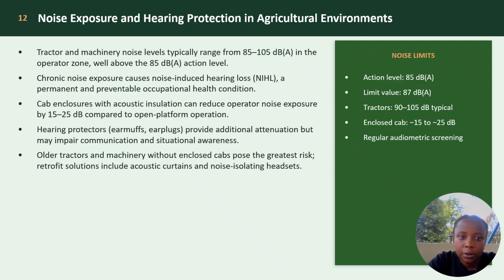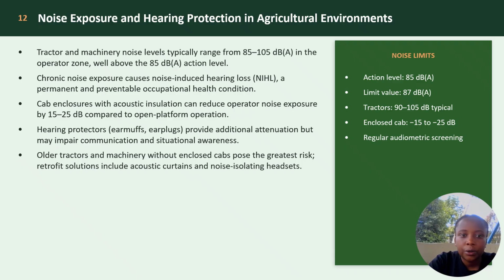The 12th topic is about noise exposure and hearing protection in the agriculture environment. Tractor and machinery noise levels typically range from between 85 and 105 dBA in the operator zone, well above the 85 dB action level.